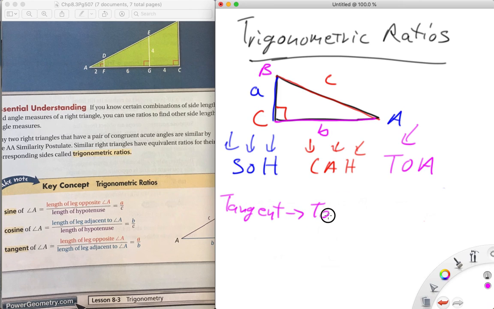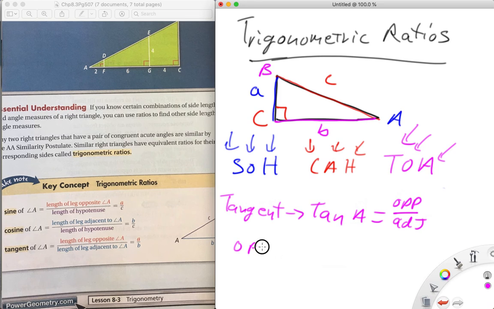And that's going to be tan, short for tangent, of angle A equals, now we know what O is, opposite, and we know what A is now, adjacent. And this is all with respect to angle A. There's also sine, cosine, and tangent for B, and that's something similar, and I'll get to that in a second too. Tangent of A is equal to opposite over adjacent.